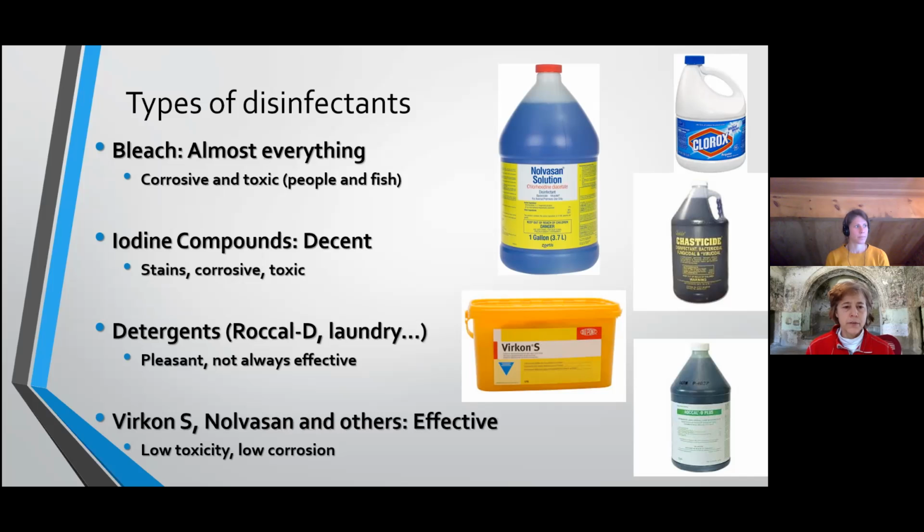Another type of disinfectant are detergents, and they're usually quaternary ammonium compounds. You probably will see these in some of your own laundry detergents. What they do is not only denature proteins in the bacteria, they bind to the phospholipids in the membrane of the bacteria.